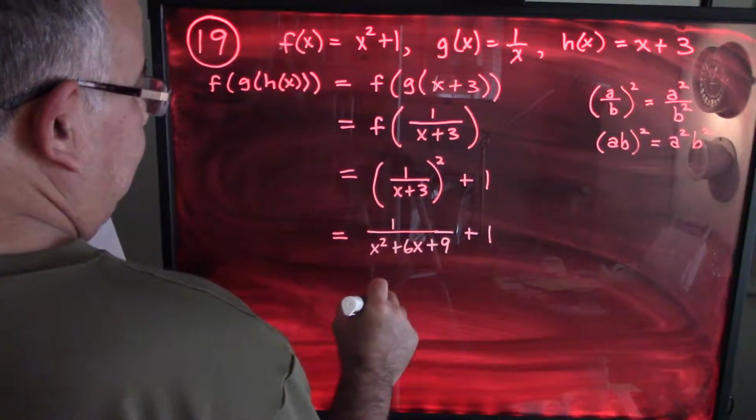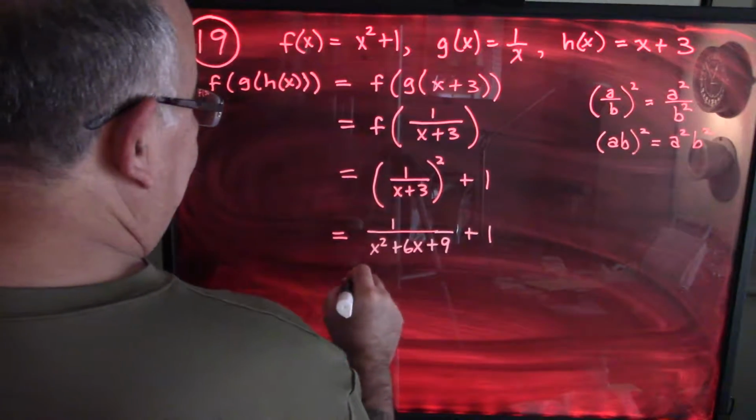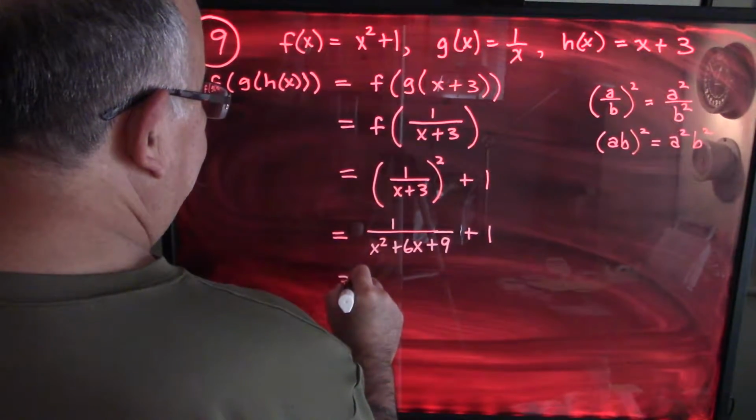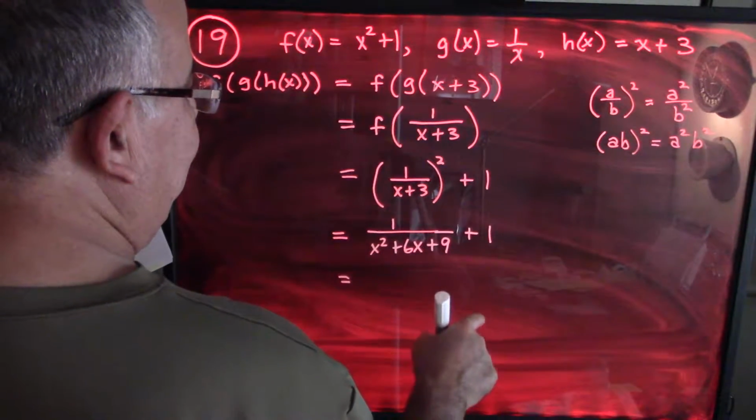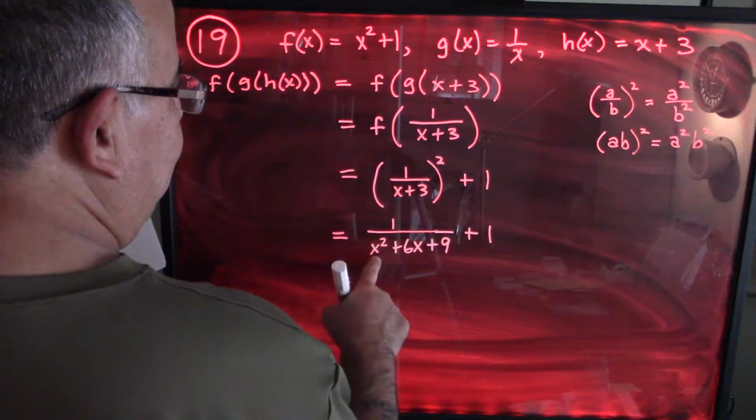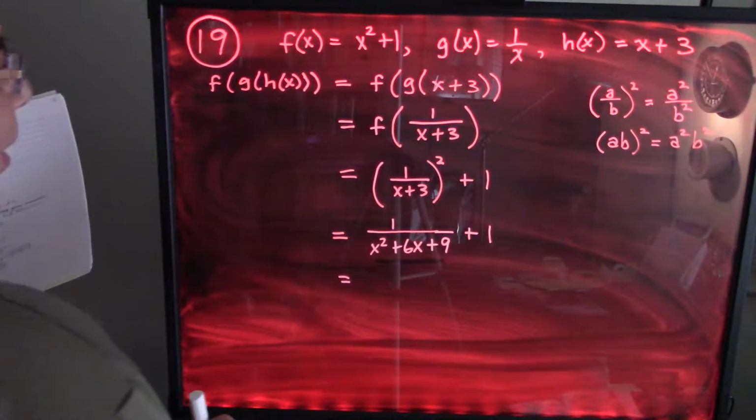Now we're not completely simplified. We want just one fraction. So this is simple, it's just 1. I can write that with a common denominator. That whole thing there is the common denominator.